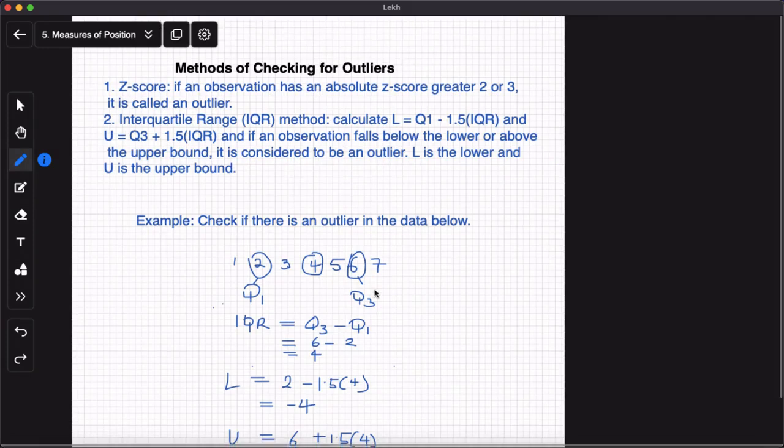Now, let's look at the second method rather, the interquartile range. So the interquartile range method, what do we do?